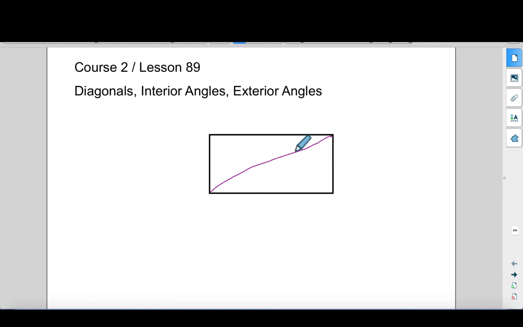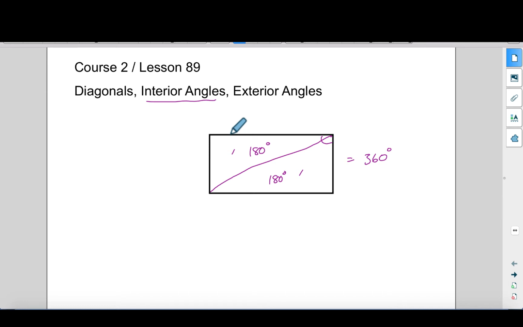Now, diagonals are pretty cool because they create basically two triangles. Here's one and here's one. Something else that's interesting is that the interior angles of a triangle are 180 degrees per triangle. So 180 and 180 equals 360 degrees.